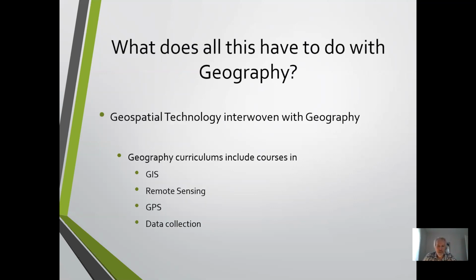And geospatial technology certainly is part of this geography. As a matter of fact, if you looked at a geography curriculum at most colleges or universities, for instance the University of Cincinnati, you're going to see courses that involve geographic information systems and remote sensing. They're now probably looking at GPS and data collection as well.